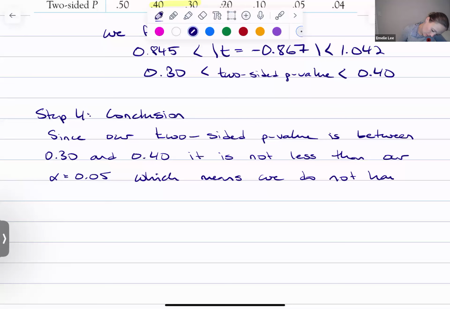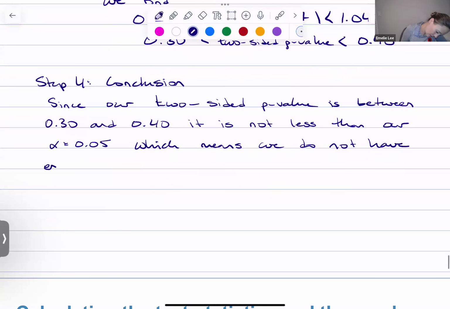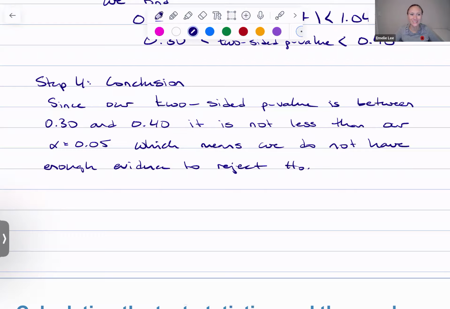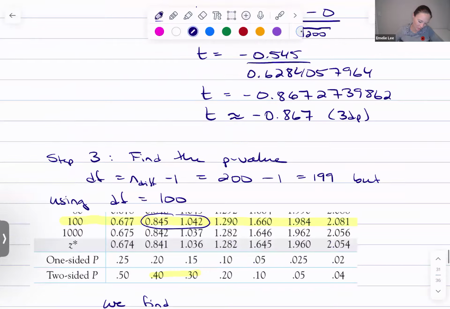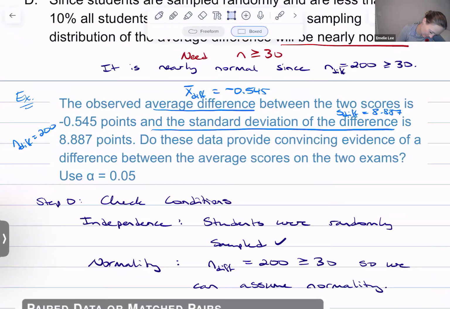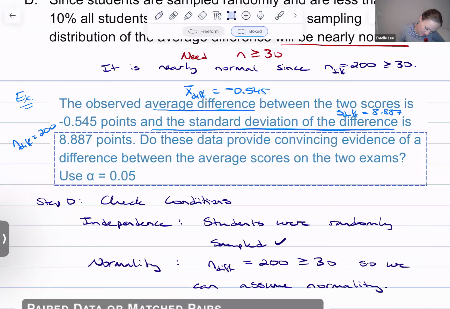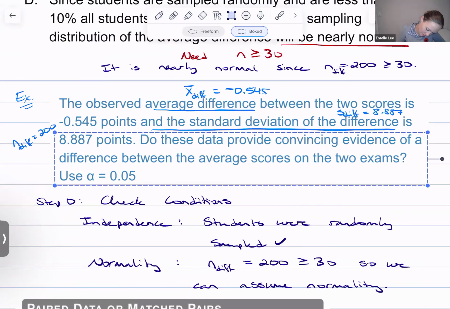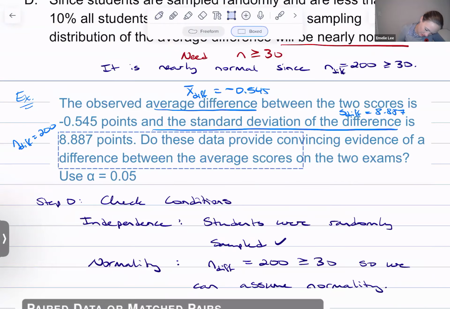Therefore, there's no difference in the average reading and writing scores.